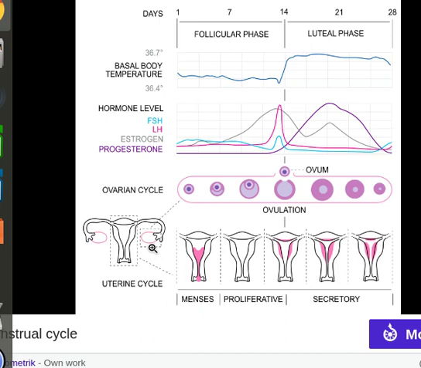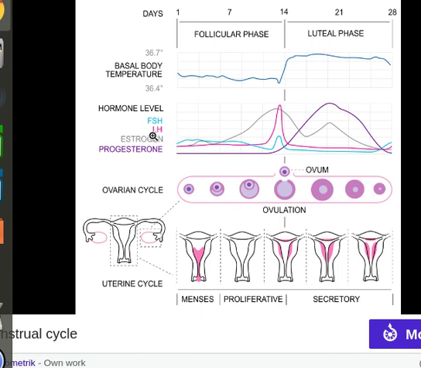Estrogen. Very good. Where is FSH produced? Yes, it's not here. It's in the brain. Where exactly? In the hypothalamus. And where exactly in the hypothalamus? In the pituitary gland. Very good.